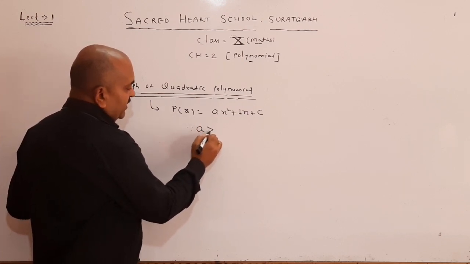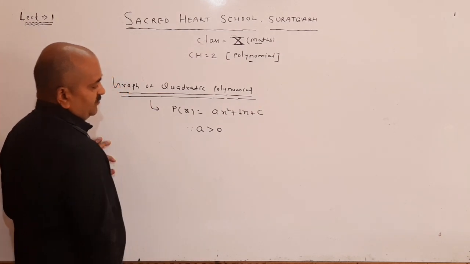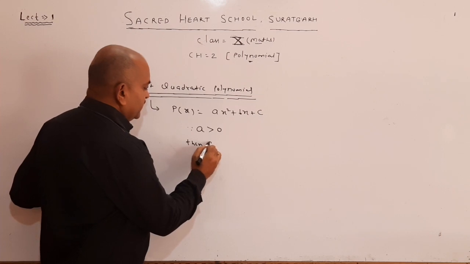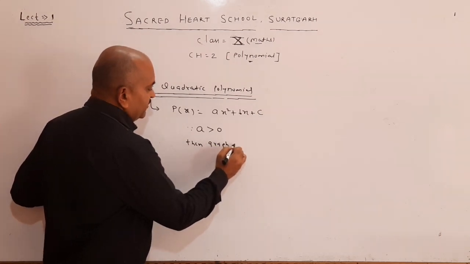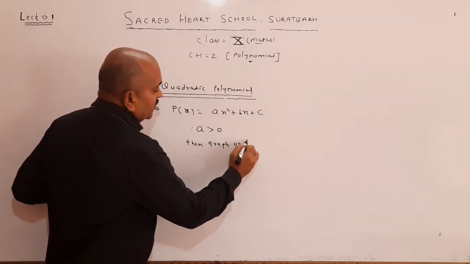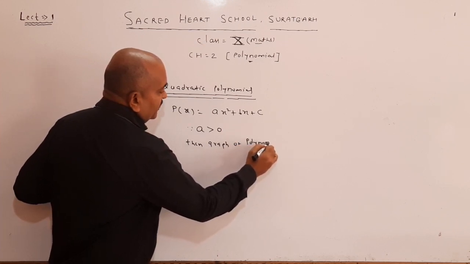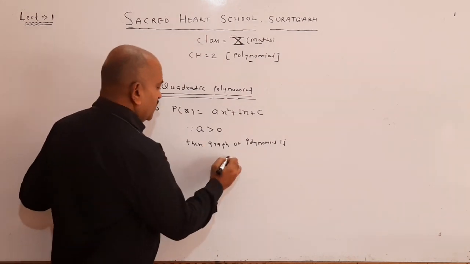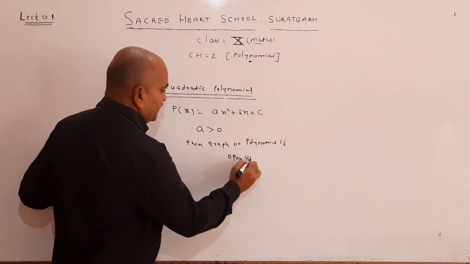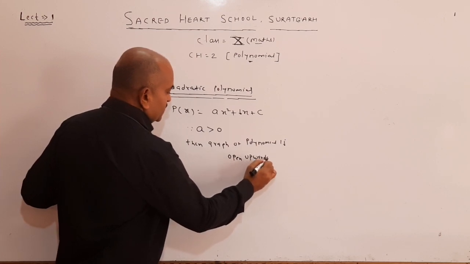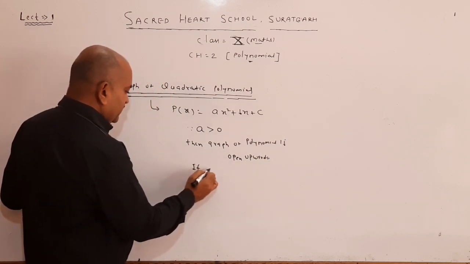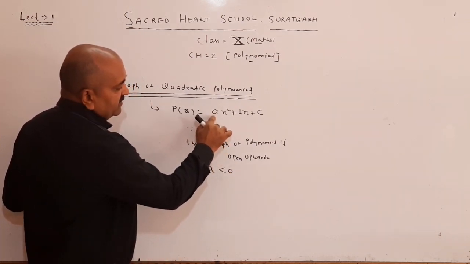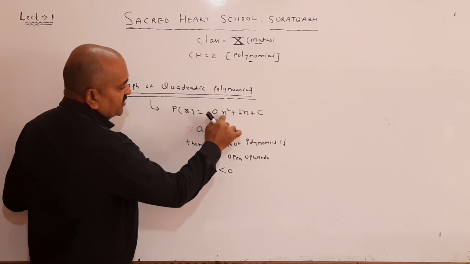If a is greater than 0, then the graph of the quadratic polynomial is open upward. If a is greater than 0, it means this value is positive, the coefficient of x squared is positive.